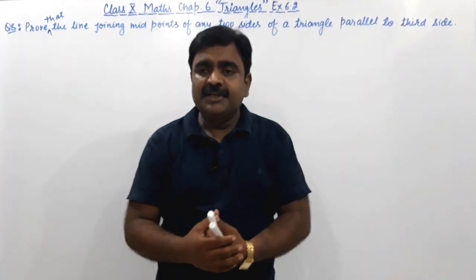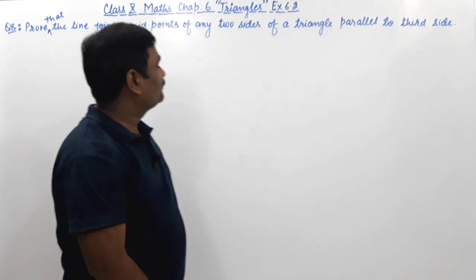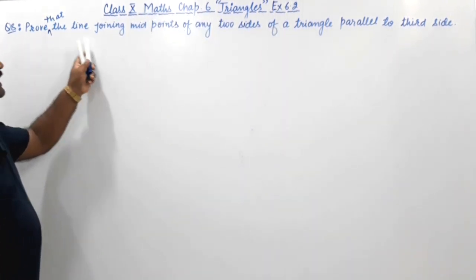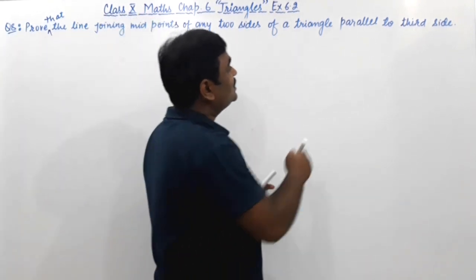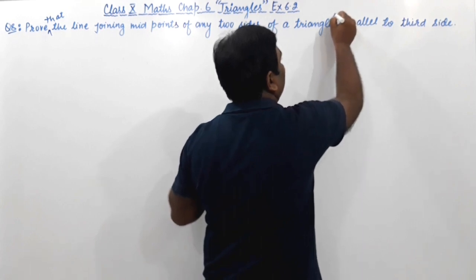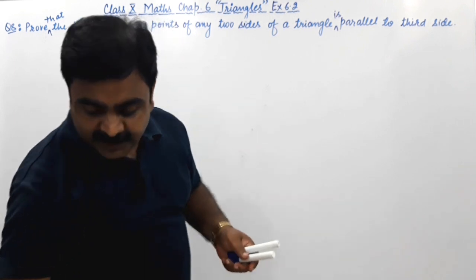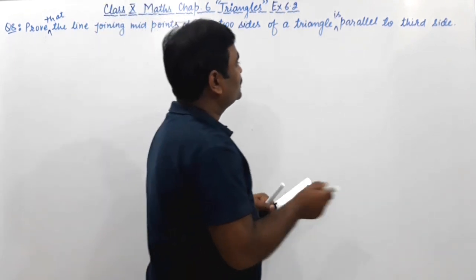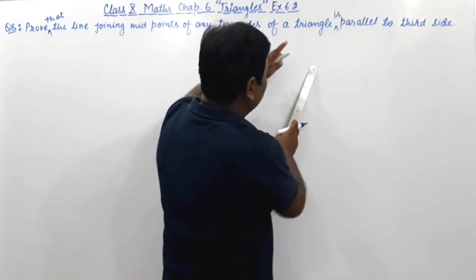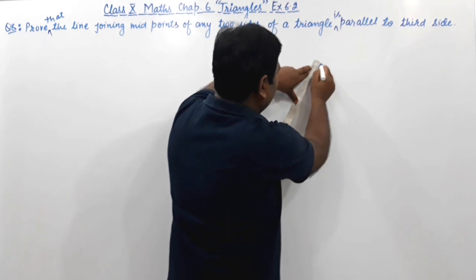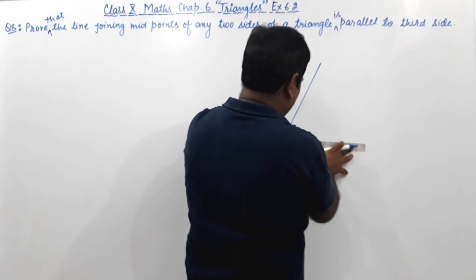Okay, dear students, let's see question number 8. In this question it's given: prove that the line joining the midpoints of any two sides of a triangle is parallel to the third side. Means we need to draw a figure of this. So we have a triangle, and in this triangle join the midpoints of any two sides.